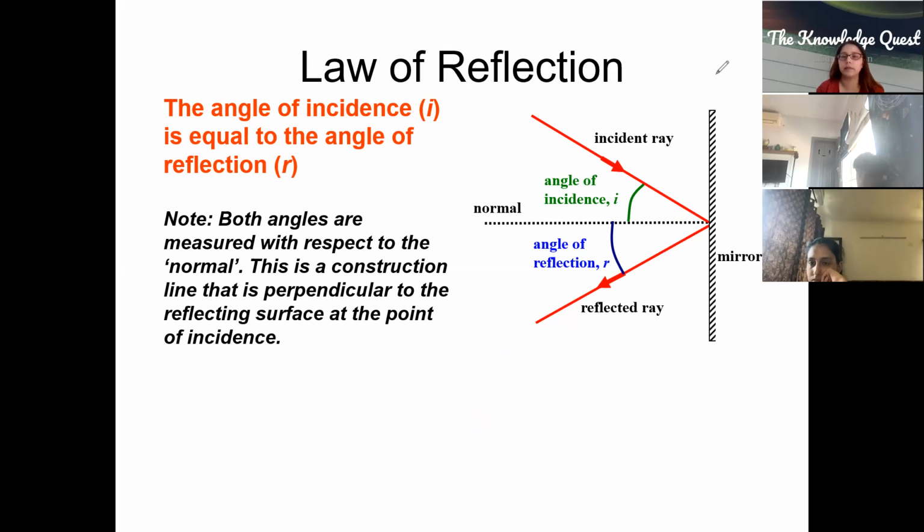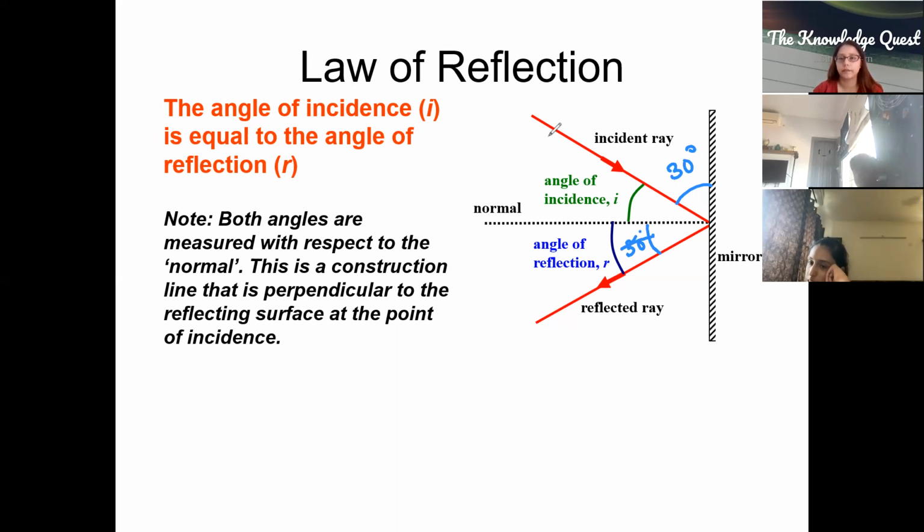Now, one common mistake children make: the teacher will give you this angle and ask you to find the angle of reflection. Children will not look at it and straight away write 30 degrees. Is that the right answer? No. It should be 60 degrees. Reason?